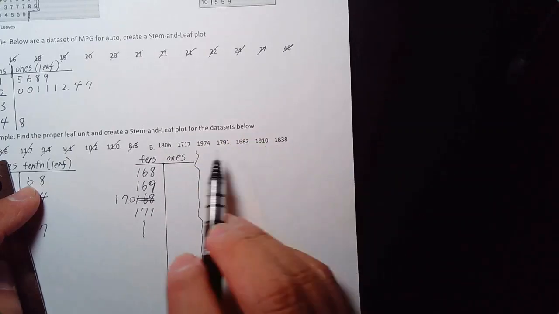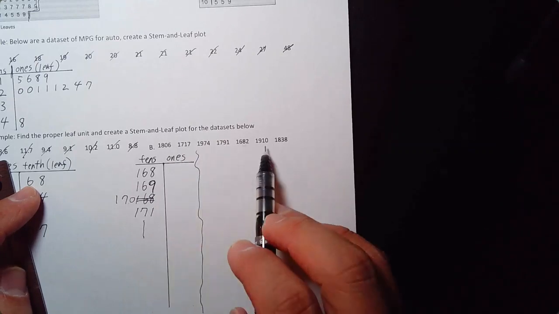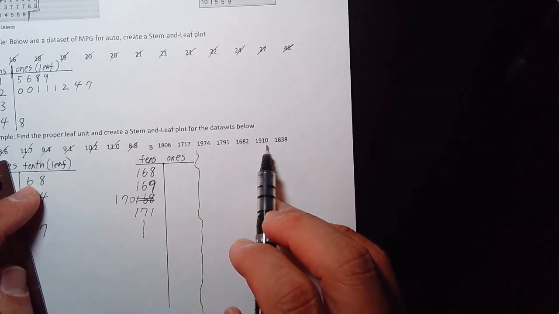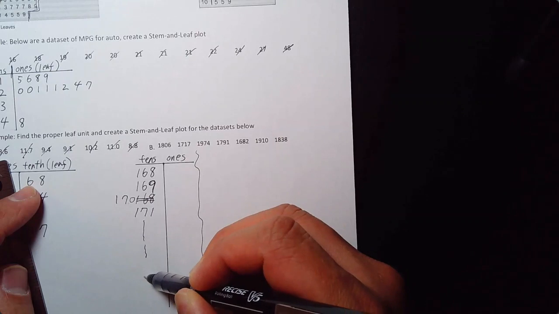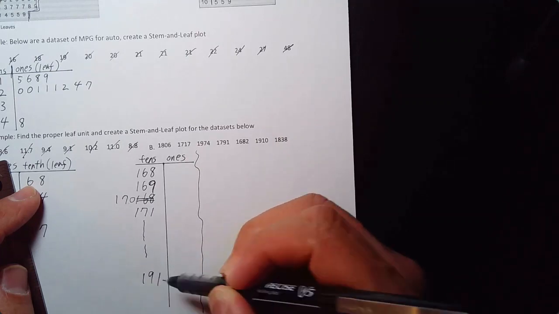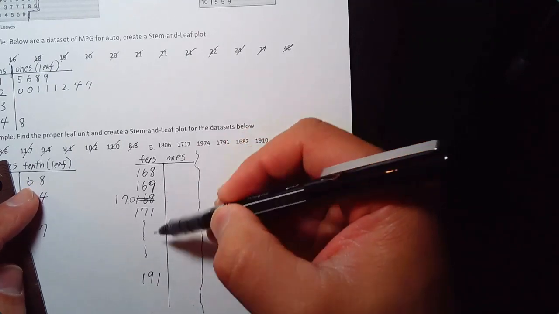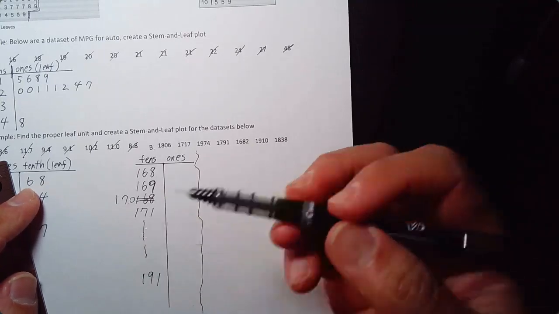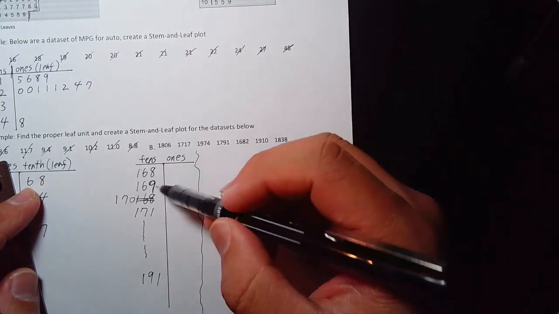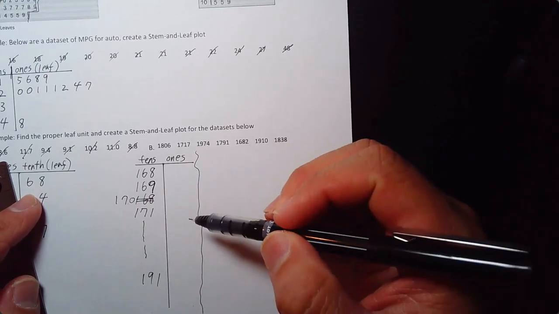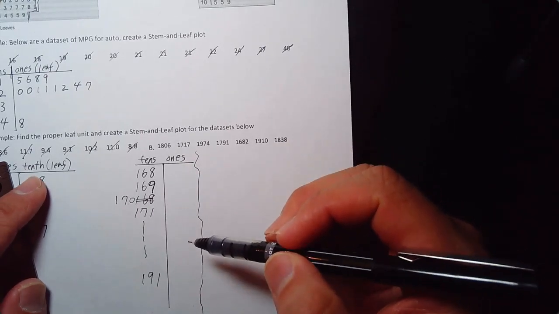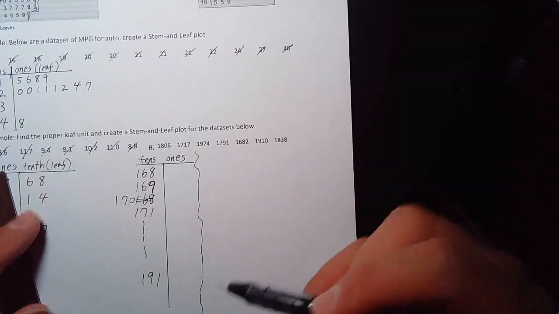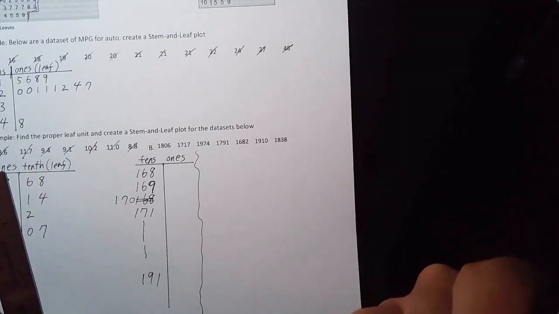I have to go to the largest number, which is 191. Now that is a lot of stems, but furthermore, it's a lot of blank spaces. That's not very efficient. It's not going to be too informative of a graph. It won't be wrong, but it just simply will not be that informative.